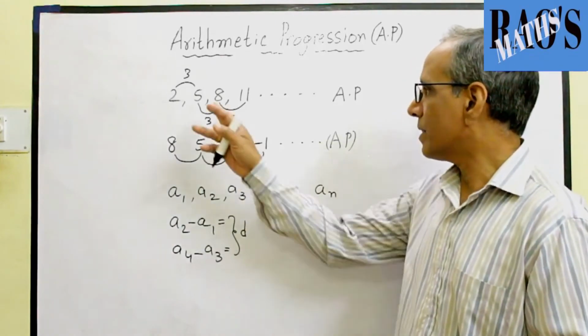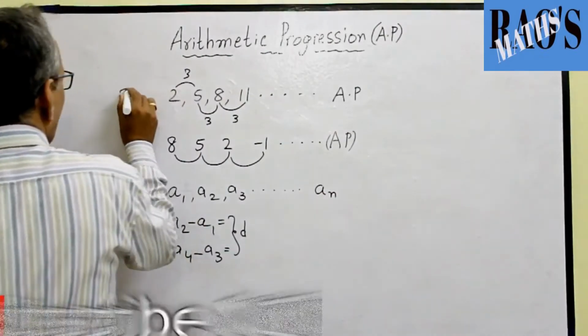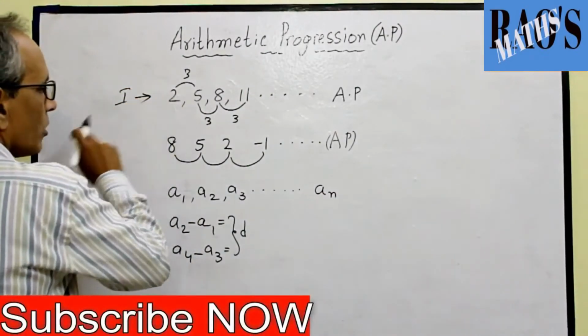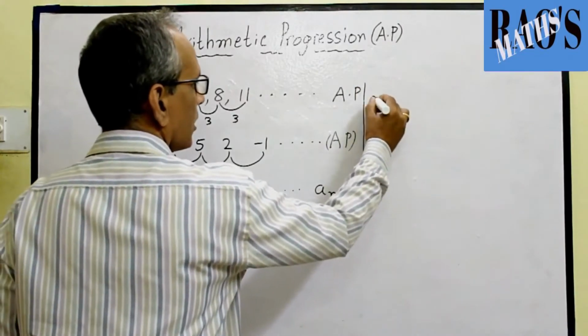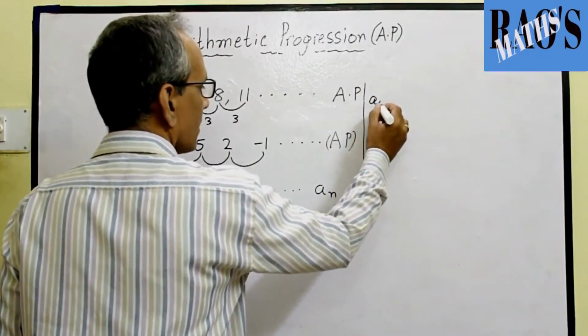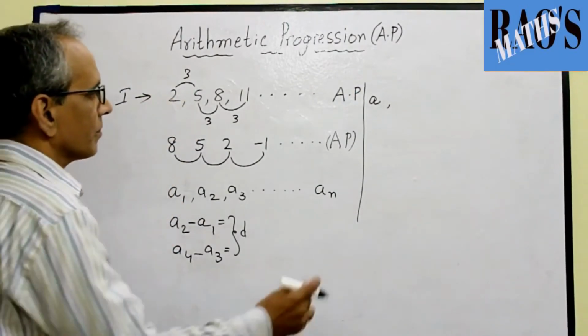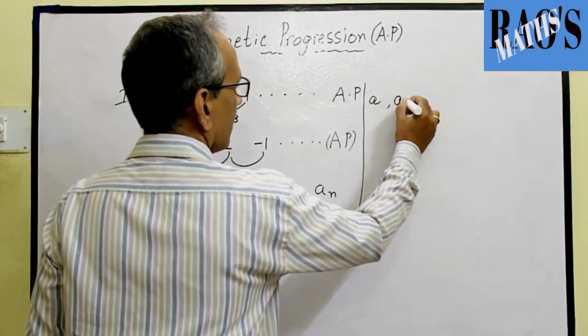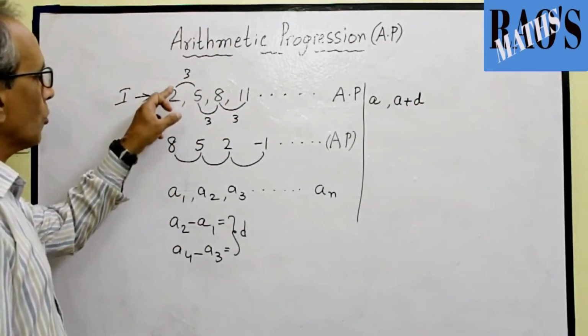Now, I get the numbers by using D. If I take the first series, here 2 is equal to A. That is the first term. And the second term, I get by adding the common difference. Correct? 2 plus 3 is equal to 5.